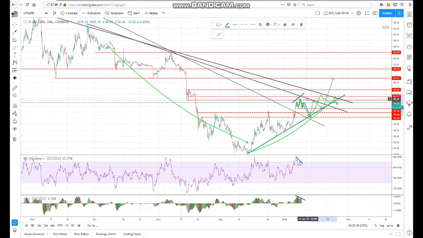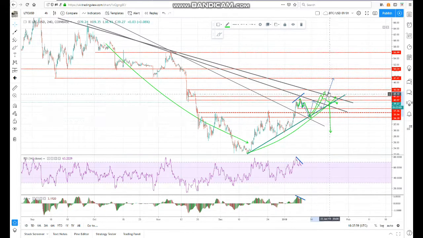You don't want to see any big moves down from these trend lines. That really indicates big profit takers or a big amount of sellers who are just waiting for the price to come here.